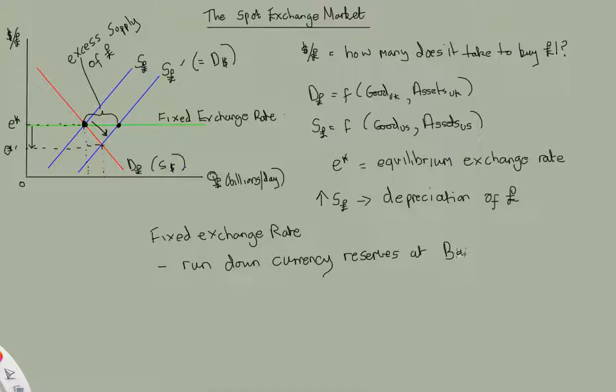And eventually they run out. If it's the job of the British to maintain stability in the value of the pound, and the pound is trying to depreciate, then they're going to have to spend their currency reserves of dollars to try and prop up the pound, but that can only go on so long. Eventually currency reserves get too low.